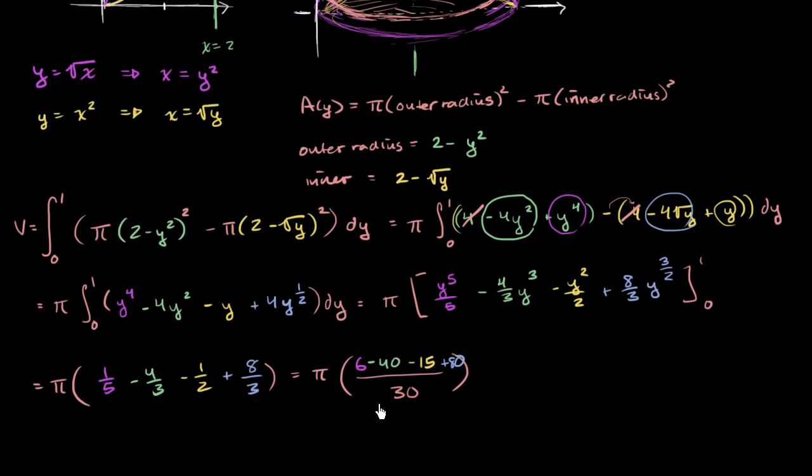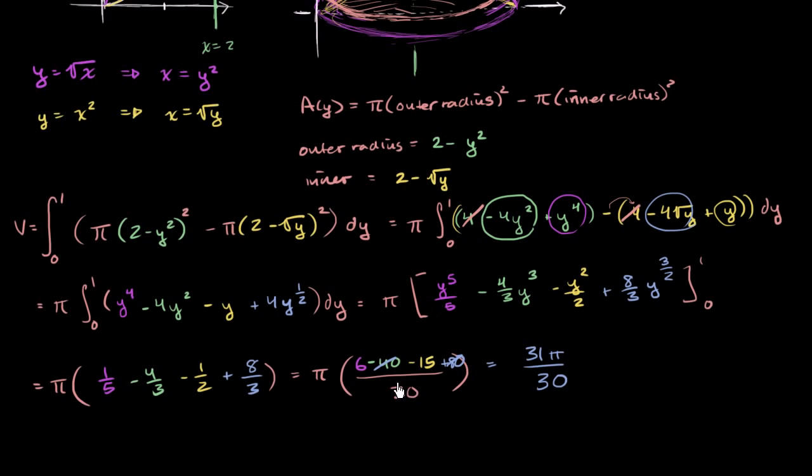So this simplifies to, let me make sure I'm doing the math right over here. 80 minus 40 gets us 40, plus 6 is 46, minus 15 is 31. So this is equal to 31 pi over 30.